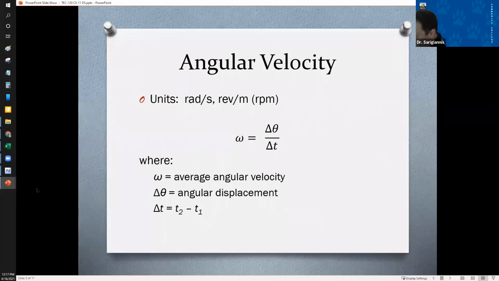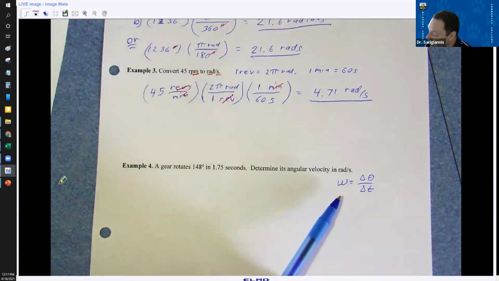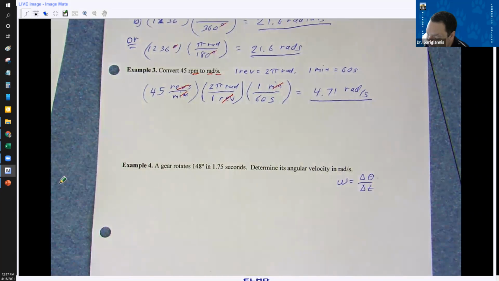So I should, let me write this down on the paper, because I don't have it written down. I want to write the formula the way you have it in the notes. Angular velocity, delta theta divided by delta t, right?